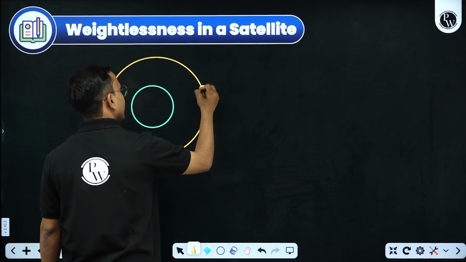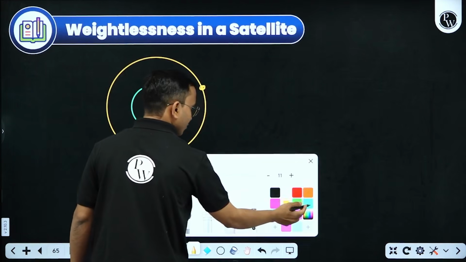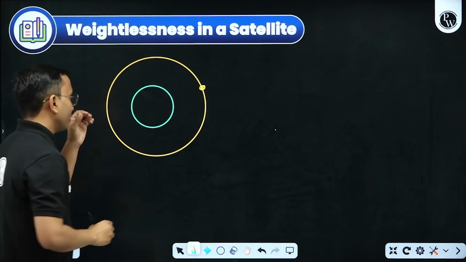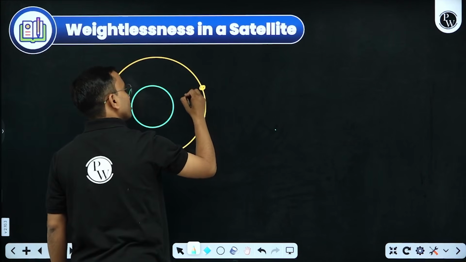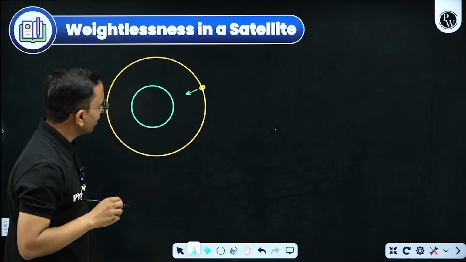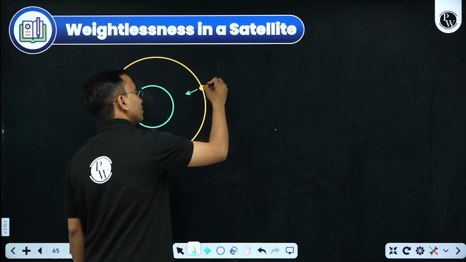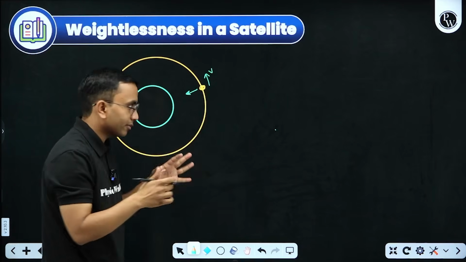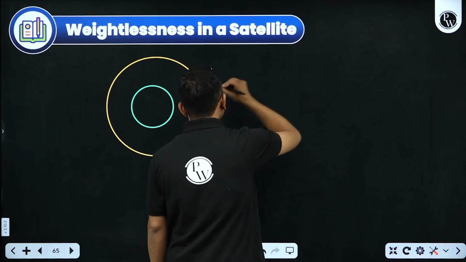Here is the satellite. The force is due to this planet, and the satellite is moving with some speed v. Inside the satellite, I am drawing now. This is my satellite.